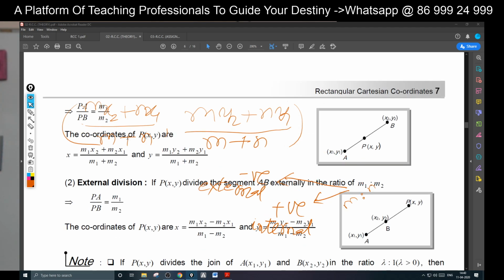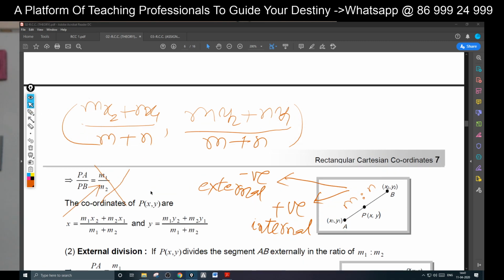It is not like that, it is only one formula. Learning the formula like that is not correct. So take the formula as one and only one: (mx2 + nx1) by (m + n), and (my2 + ny1) by (m + n).